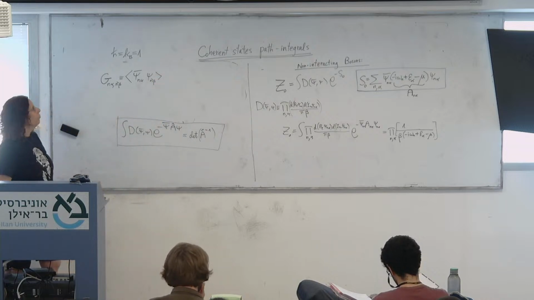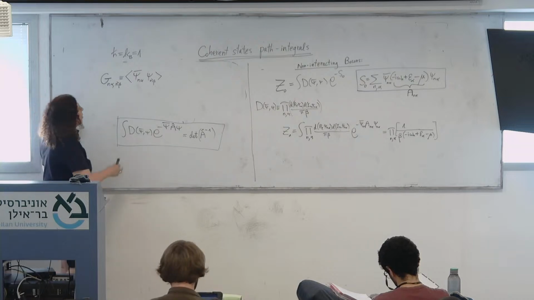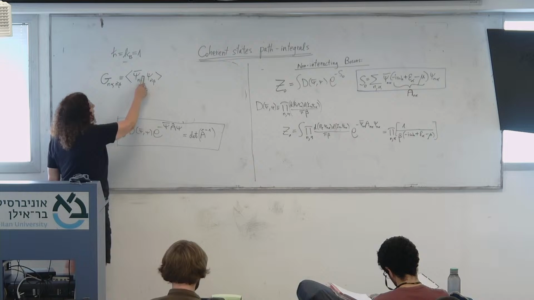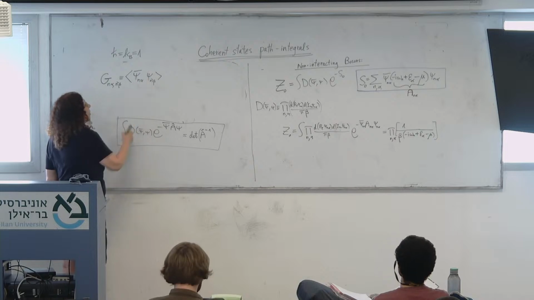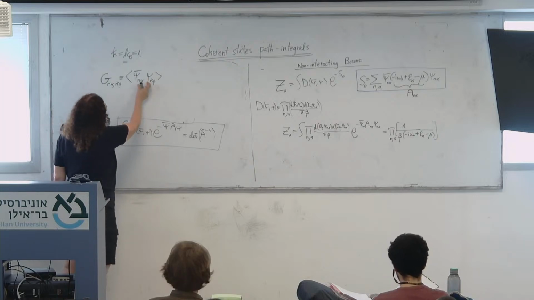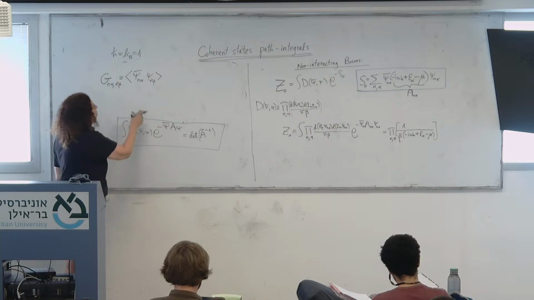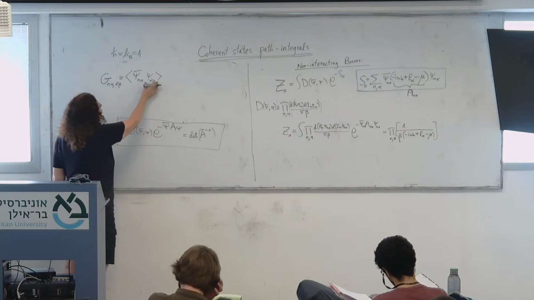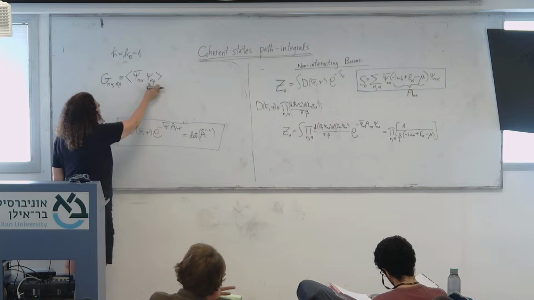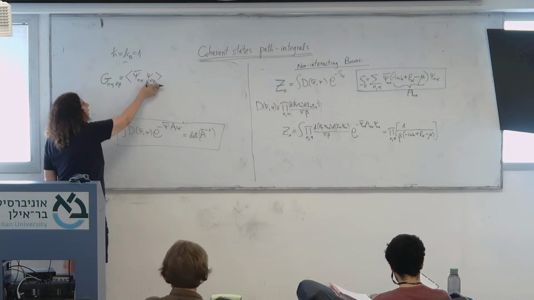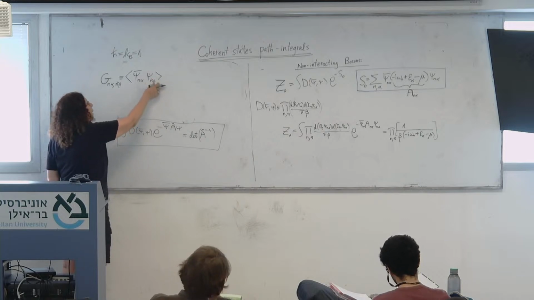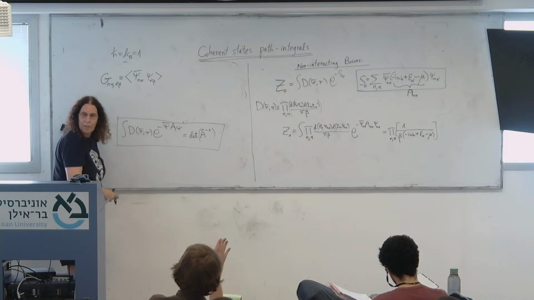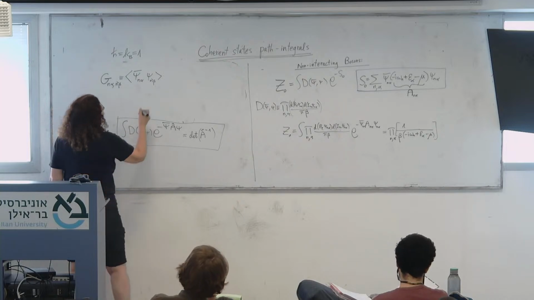Okay. This is a Green's function. It describes the probability, or the probability amplitude, to have an overlap between annihilation of state beta and creation of state alpha.